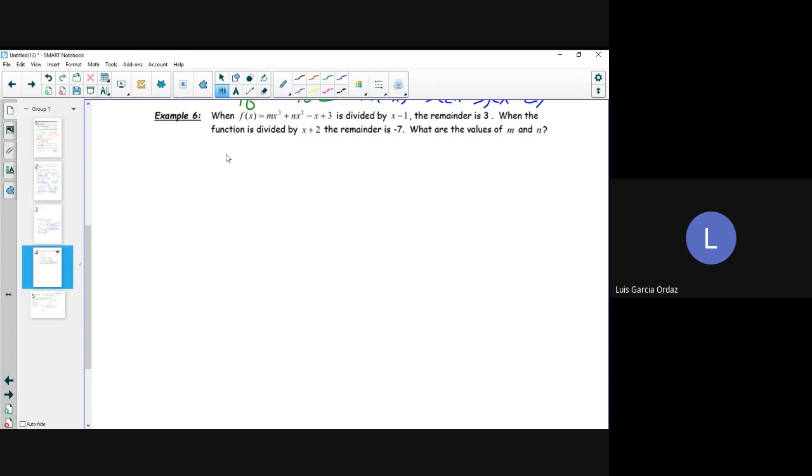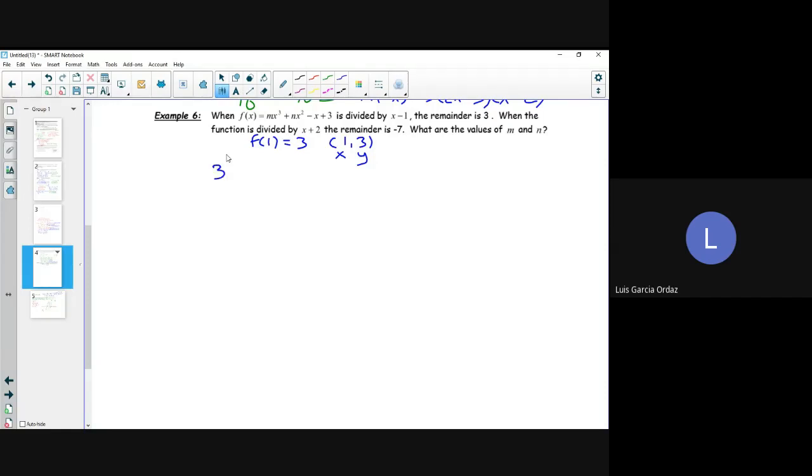So remember, when it's a remainder, it's just the y value at that x point. So when it's divided by x minus 1, the remainder is 3. So our point is going to be 1 and 3, right? So f at 1 is equal to 3. So wherever we see y, we're plugging in 3, and for x, we're going to plug in a 1.